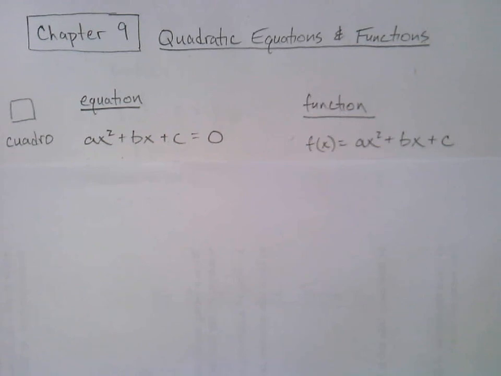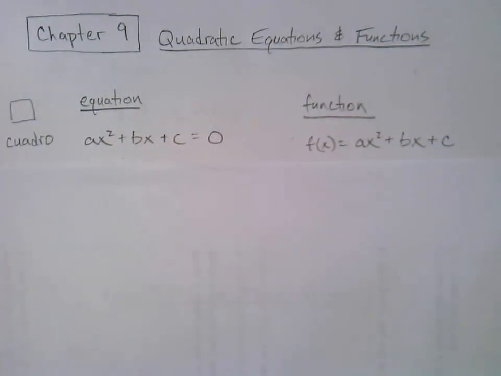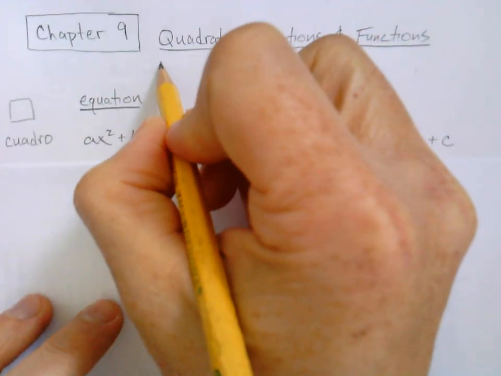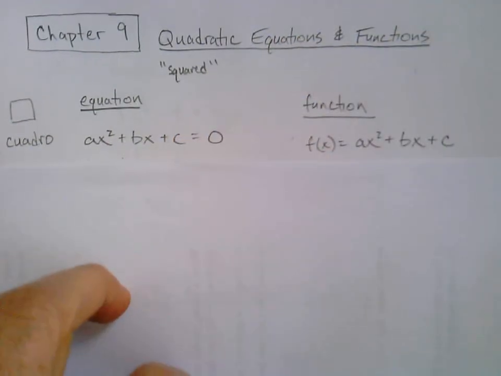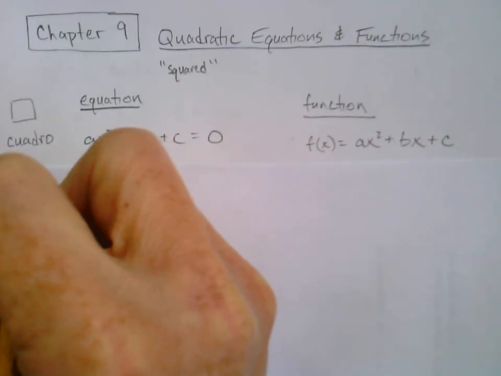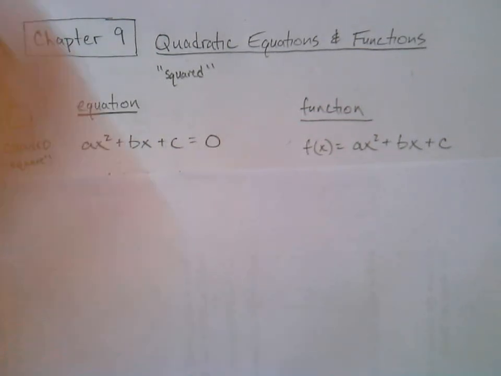Cuadro is a square, and so the quadratic, they spell it with a Q in Latin, but it's got those same roots. So quadratic literally means the squared equation or the squared function. All right, so that's kind of the history behind the name, and a much more interesting conversation if we were in class together. But anyway, there you go.